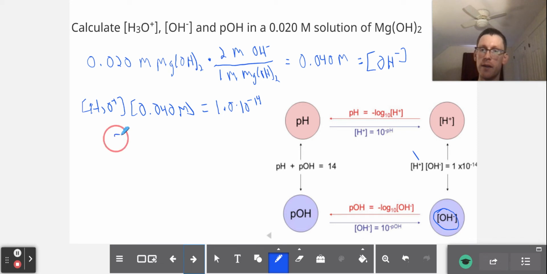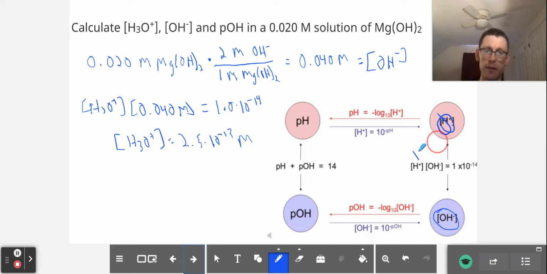What we find is that our H3O plus concentration is equal to 2.5 times 10 to the negative 13th molar. So we've gone from here to here.